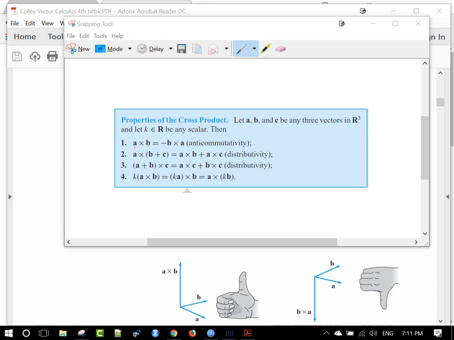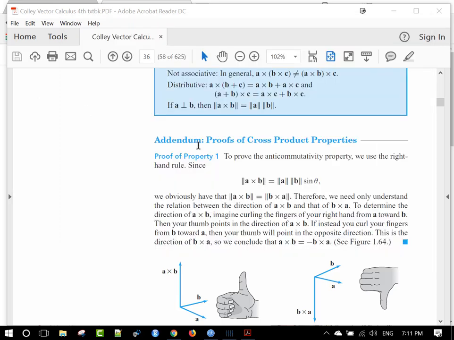So recalling the definition of A cross B, we have to identify the magnitude and the direction to know what A cross B means. Because whatever A cross B means, it's a vector, so we want to know its size and its direction.